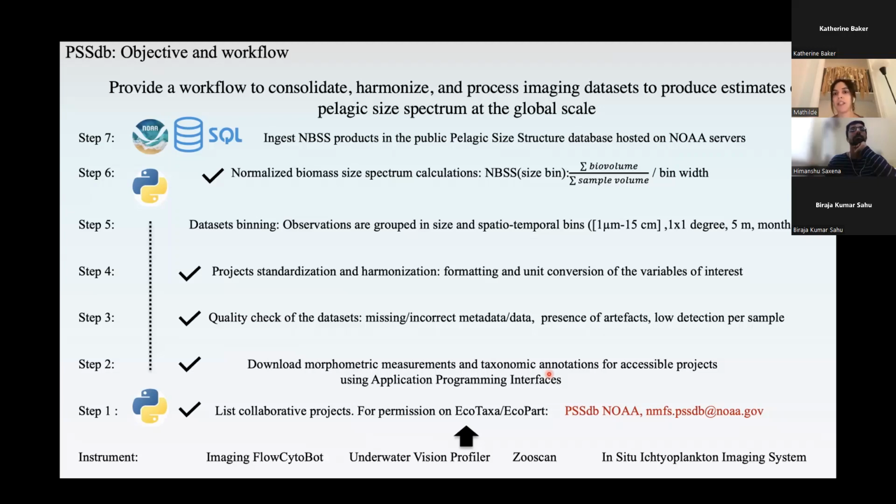So what is NBSS? It's just the sum of the biovolume divided by the sample volume divided by the size bin. And so we get this value for each size bin. And those projects will then be posted on the NOAA PSSdb database.